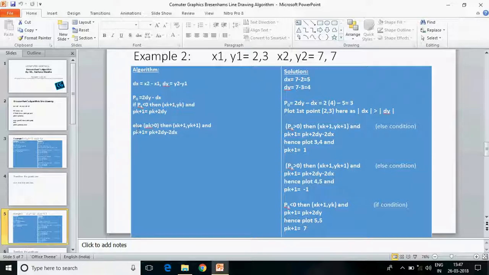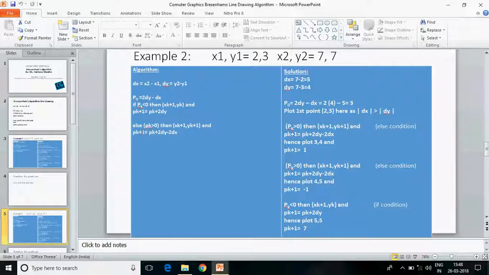And pk plus 1 equal to pk plus 2 dy minus 2 dx. Our old pk is 3 plus 2 delta y, which is 8, minus 2 delta x, which is 10, which is 1. Again 1 is greater than 0, therefore again else condition, x increment, y increment, therefore 3, 4 becomes 4, 5.